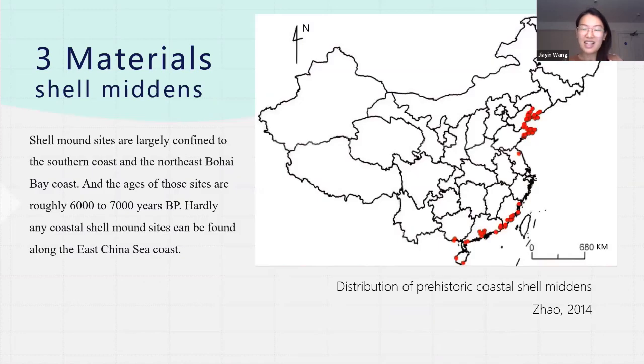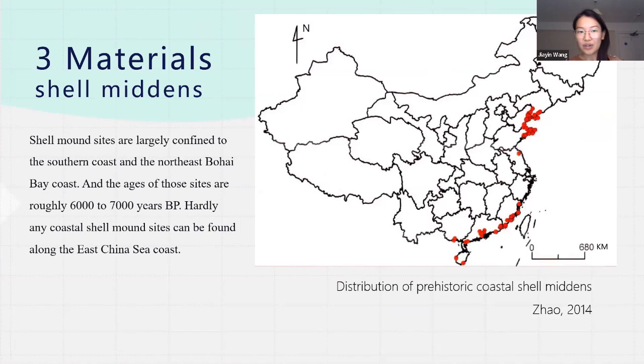And besides the coastal settlements, shell middens are also an important information resource for the paleo coastline location. From this map, we can see the distribution of coastal shell middens in China.